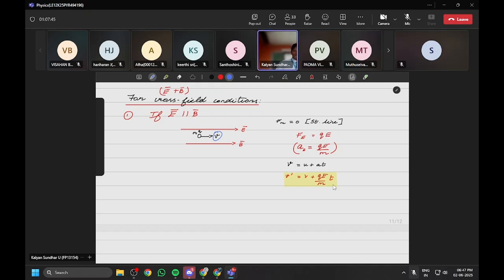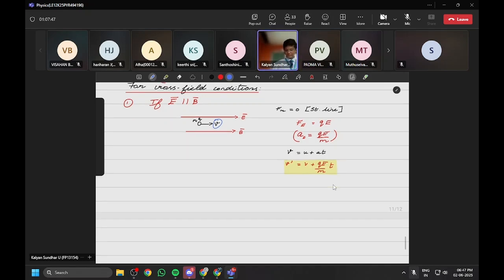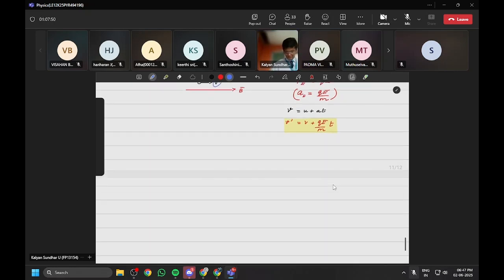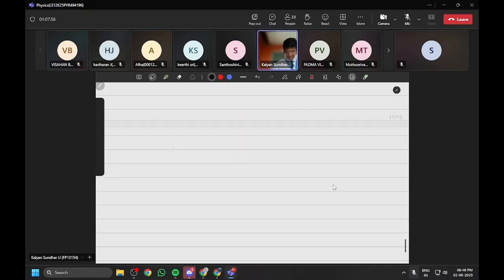Right. Now in the second case, your electric field, your magnetic field, velocity போன இதுல எப்படி சார் சார்ஜ் போச்சு?